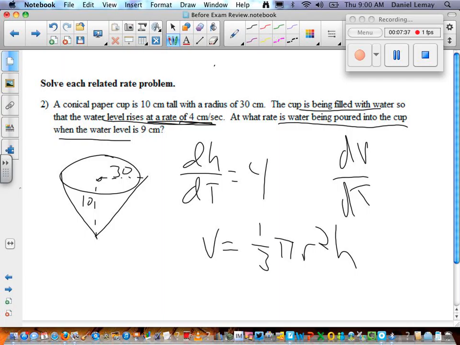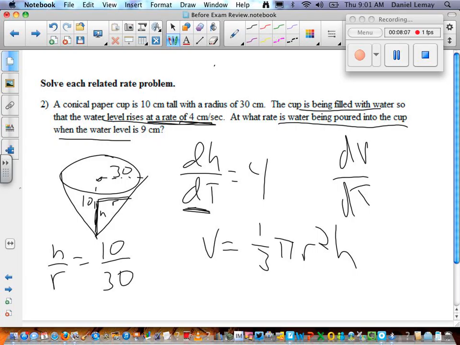And we want to get rid of one of these variables. Since we know dH/dt, we probably want to get rid of the r. So if we go back to this setup, these are similar triangles like yesterday, right? So that's filling. We get the radius and the height, so the height is to the radius as the full height is to the full radius.